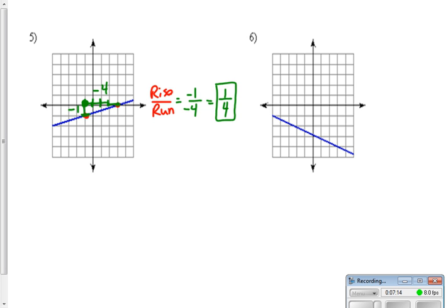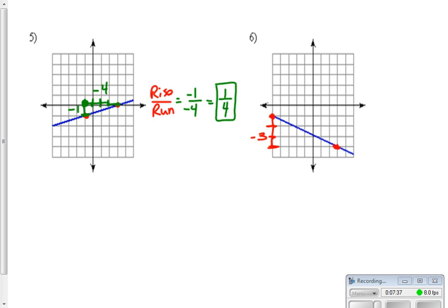Example 6. Looking at this, the line is decreasing. I should wind up with a negative slope. Again, I need to go ahead and plot 2 points that I know exactly what they are. So points of intersection. There would be a point. Here would be a point. Again, go ahead and construct that right angle. I'm going to start here. I move down 1, 2, 3 units. I move down so that it's -3.